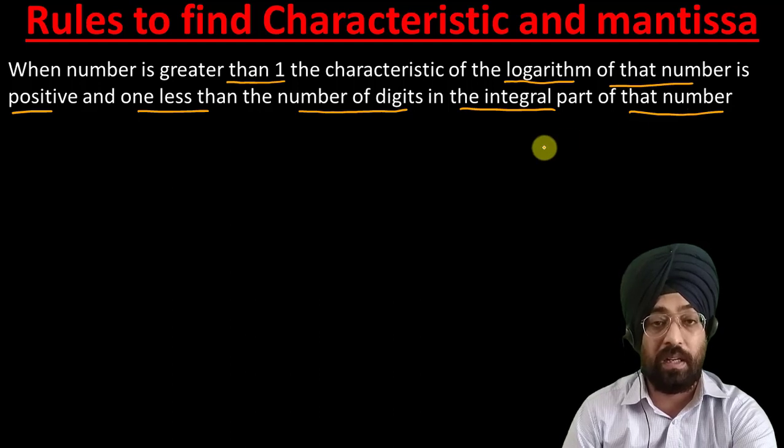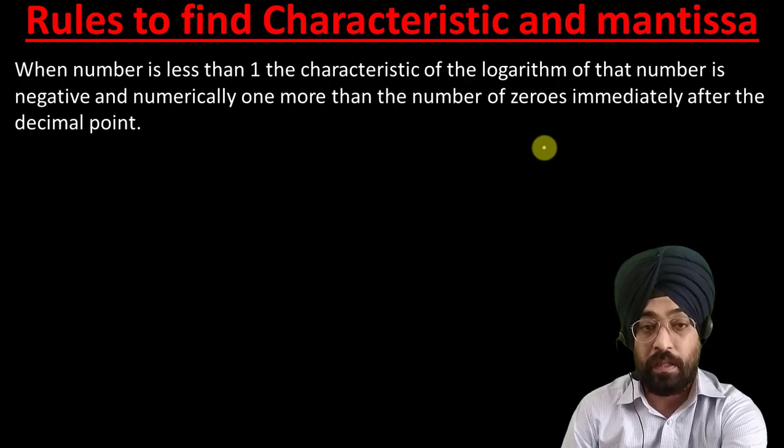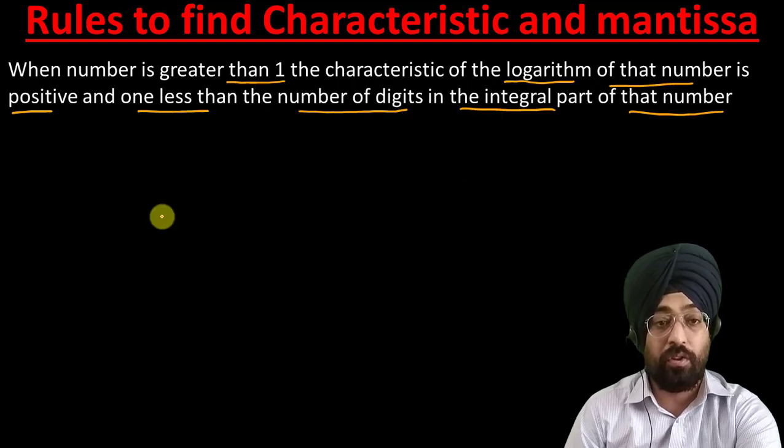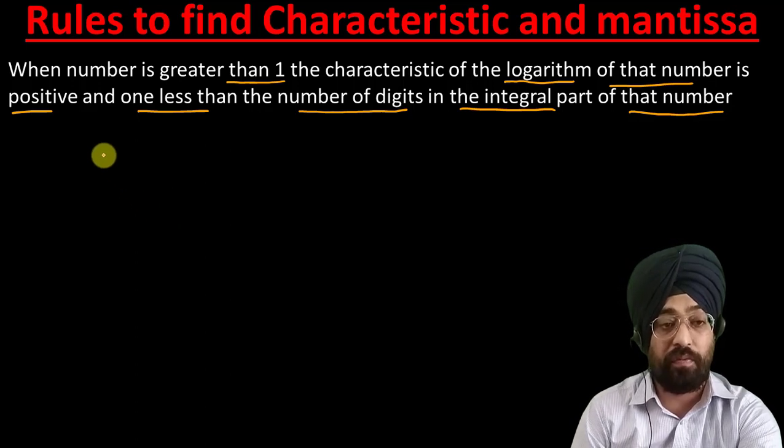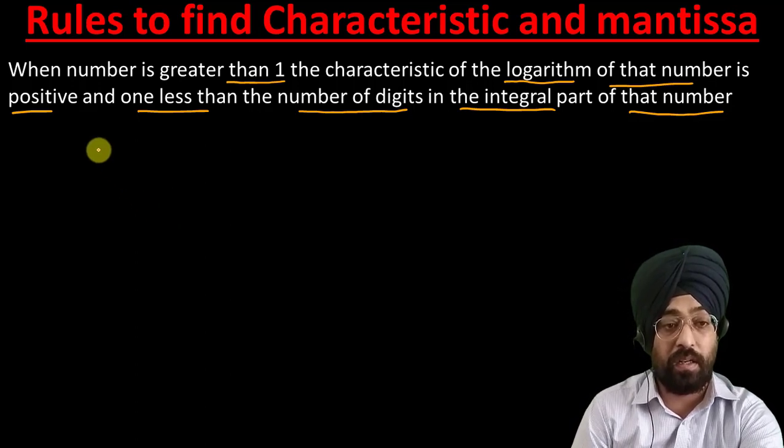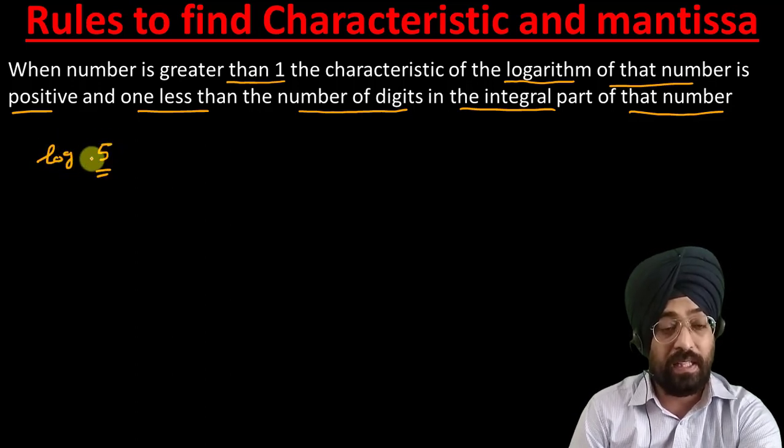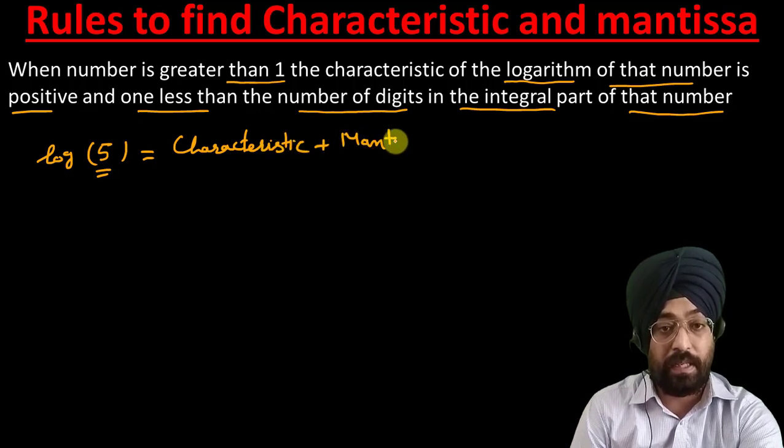Now let us learn it with some examples. Suppose I have to find the log of 5. This log of 5 will have two parts, one the characteristic, another the mantissa. Now first we are discussing how to find the characteristic.